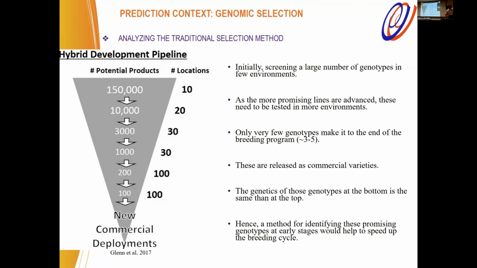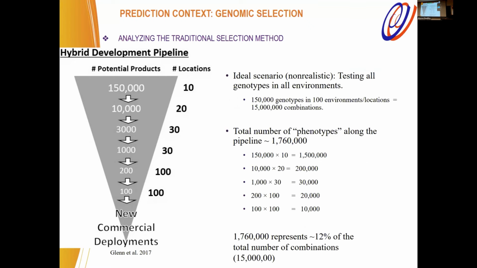If we analyze this diagram a little bit more, the total number of genotypes or phenotypes that we need to screen everything in one step is 150,000 times 100 environments. Yes, it's 50 million combinations, right?